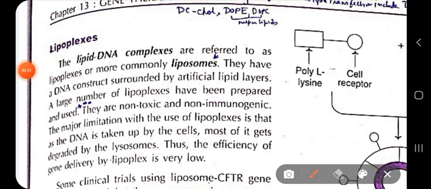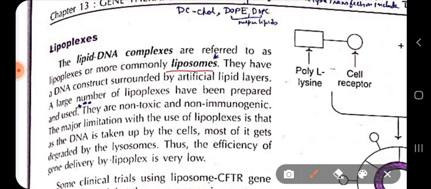Lipoplexes are liposomes, you can say. What are liposomes? Liposomes are small vesicles prepared from a suitable lipid. The lipids used to form such lipoplexes can be cationic, anionic, neutral, or a mixture of substances. Because of the polyanionic nature of DNA, cationic lipids are typically used for gene delivery.